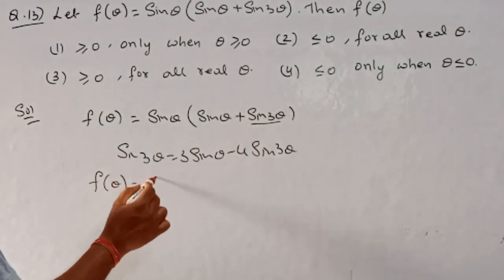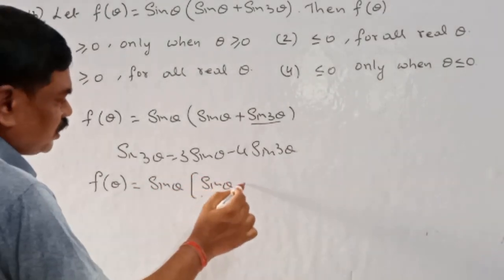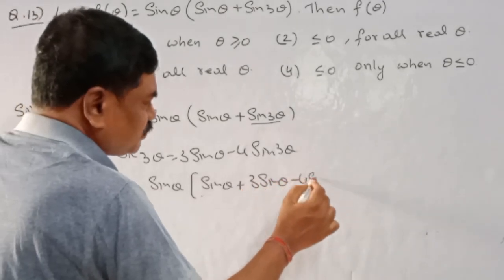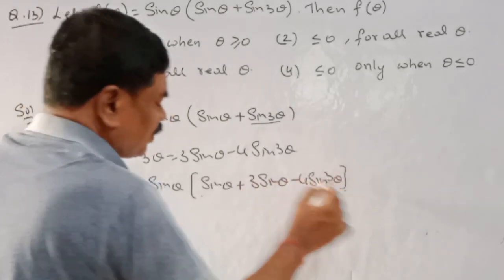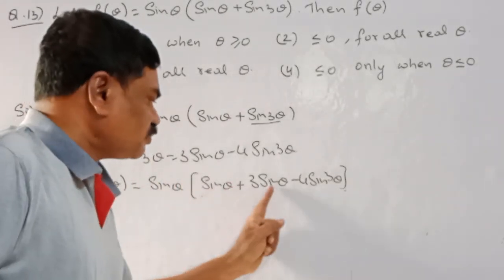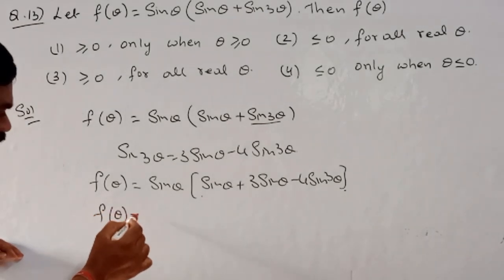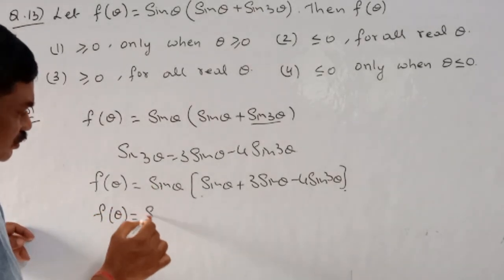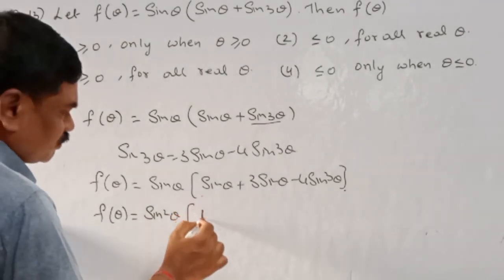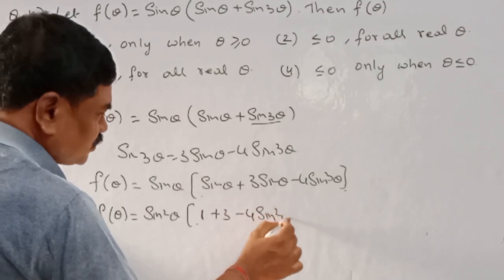Substitute there: this is sine theta plus 3 sine theta minus 4 sine cube theta. Okay, this function has sine theta as common. So f of theta is equal to sine theta into 1 plus 3 minus 4 sine square theta.